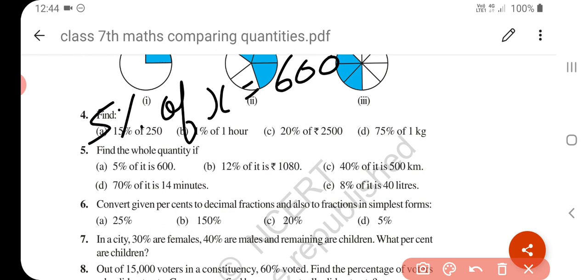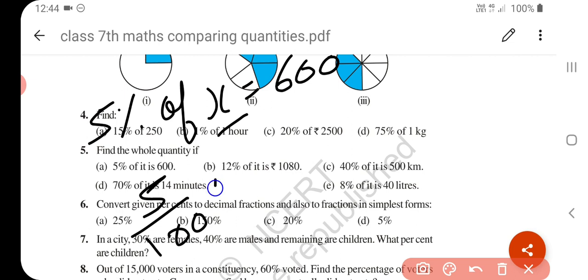So let the quantity be x, so 5% of x is equal to 600, and you have to find x. In this question, whatever you don't know, the whole quantity, you suppose it to be x. If the whole quantity is x, then 5% of x is equal to 600 is given.